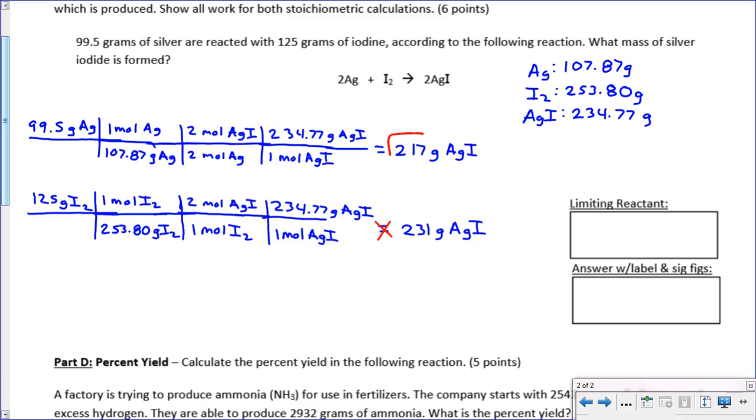Our answer here is that we make 217 grams of AgI because silver runs out first, and we end up with silver as the limiting reactant. So the limiting reactant here is Ag, and the amount that we make is 217 grams of AgI.